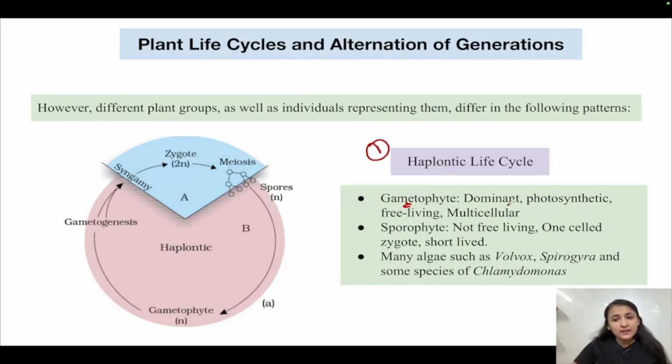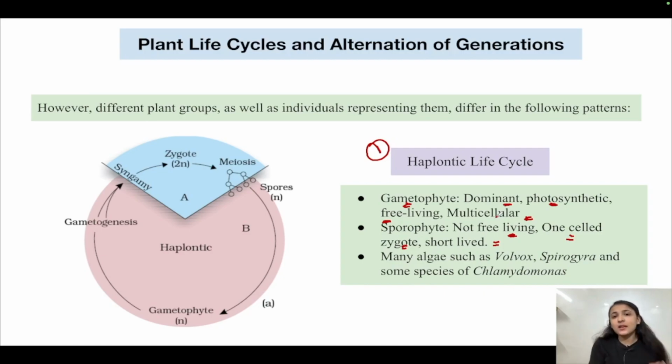The gametophyte in haplontic life cycle plants is photosynthetic, can make its own food because it is free living, and it is multicellular. Whereas the sporophytic stage is not free living, it is only a one-celled zygote and it is very short-lived. Whenever the gametes fuse, they will form the zygote.